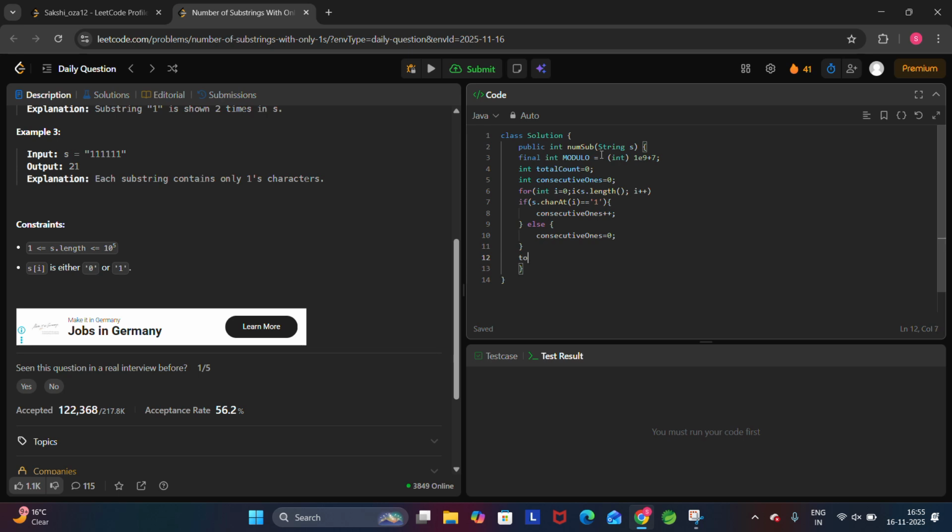So for that we are going to write totalCount equals (totalCount plus consecutiveOnes) percent modulo.